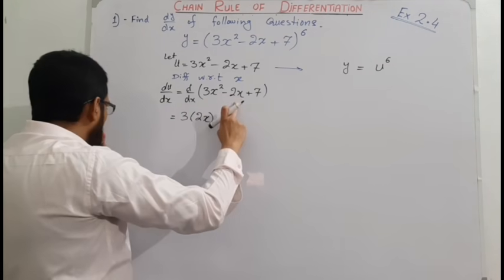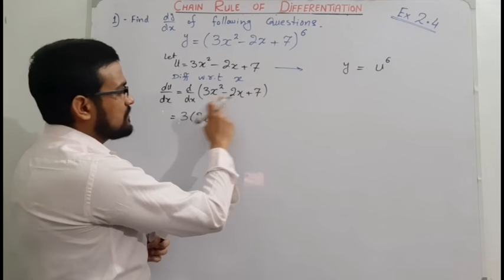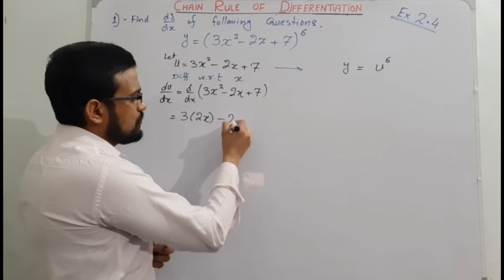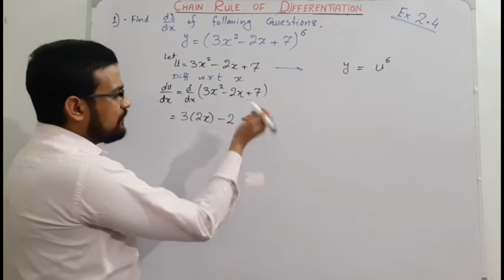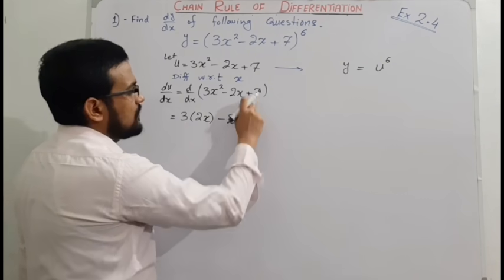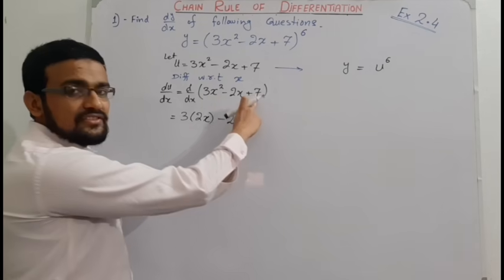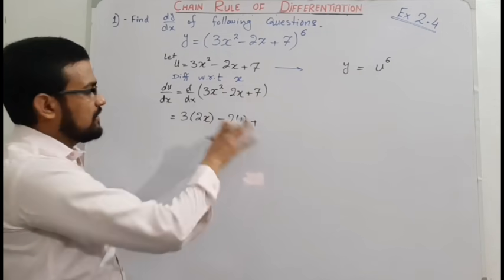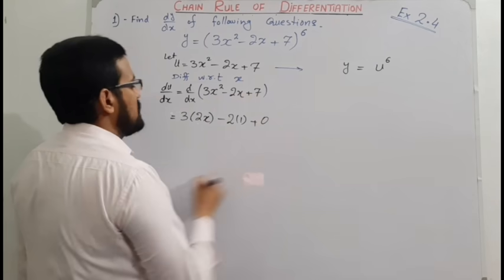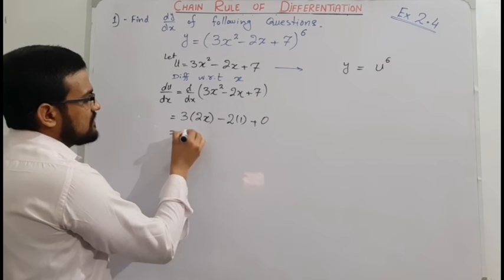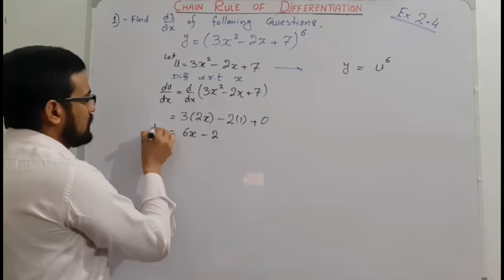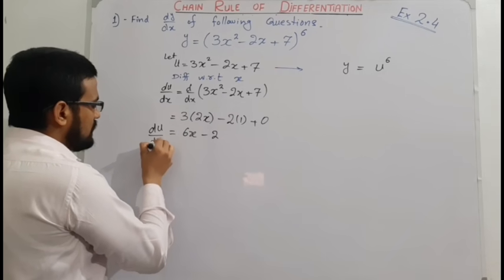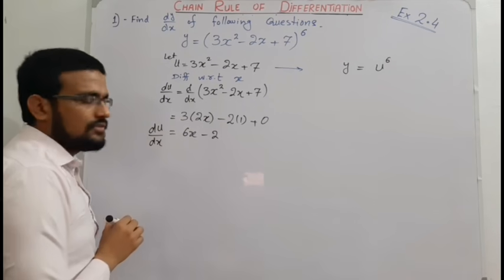Minus, sorry students, minus 2 is a scalar. X, the derivative of x is 1. Next, plus 7 is a constant number, and the derivative of a constant is 0. So the final result is 6x minus 2, du over dx. Okay.